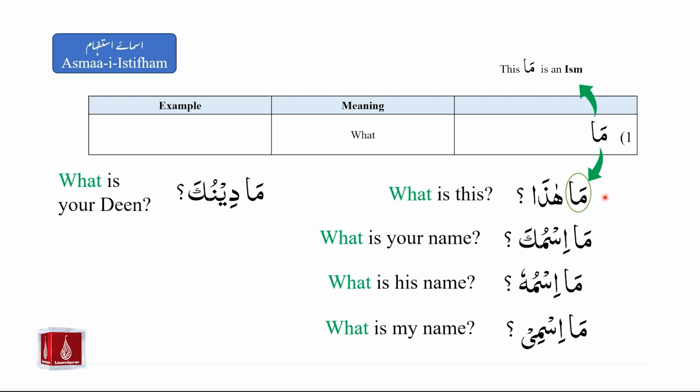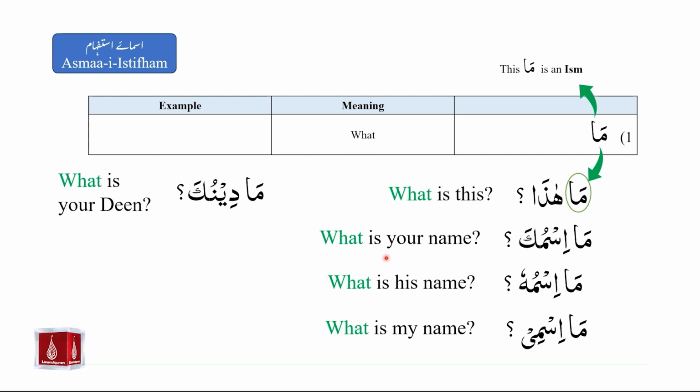Ma haza. What is this? Here we have ma ismuka. What is your name? Please note that in the case of ism, the hamza of ism is hamzatul wasl. So the correct way to read this would be masmuka, because we have to read it in continuation because the hamza of ism is hamzatul wasl.